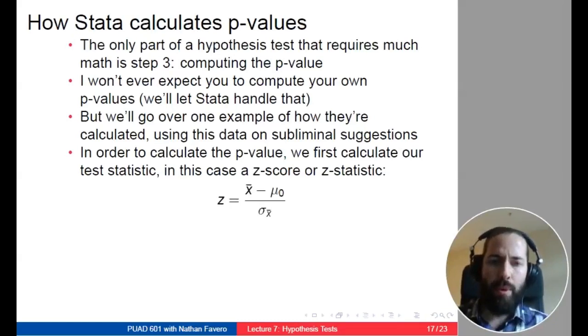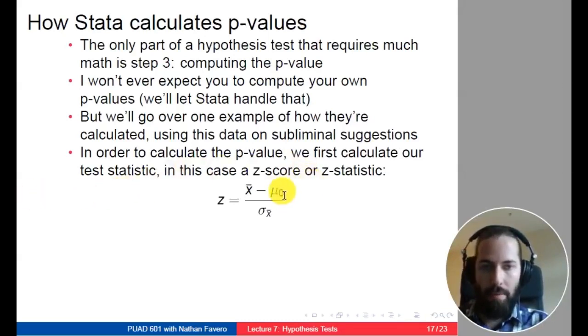It actually looks pretty similar to when we created z-scores before, when we were standardizing variables, subtracting the mean from them and then dividing by the standard deviation. The difference here is that instead of subtracting the mean, we're subtracting the value that we chose for our null hypothesis.